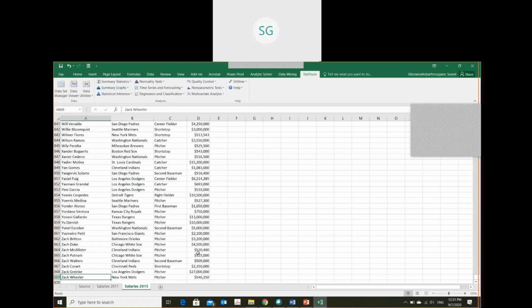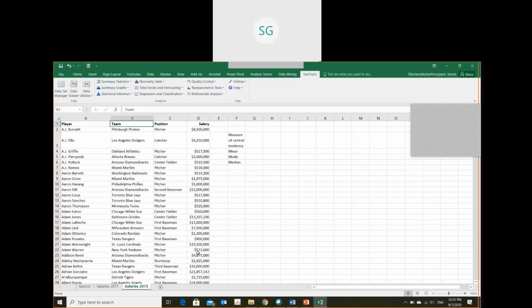D2 through D869. It equals average, D2 through D869. Here's the average salary in this data set, $4 million.